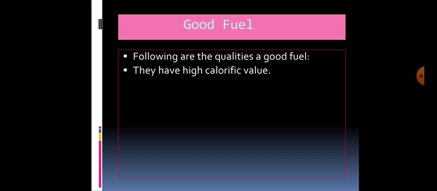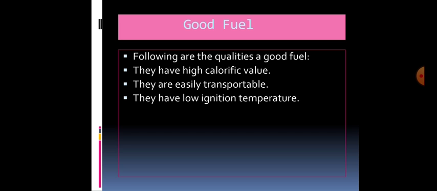So the unit is per one kilogram we take. That means by burning 1 kg of any fuel, the amount of energy produced is called its calorific value. Okay. So good fuels have high calorific value. They are easily transportable, which means you can take them from one place to another without any discomfort.